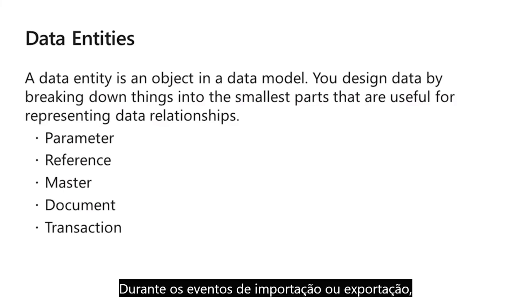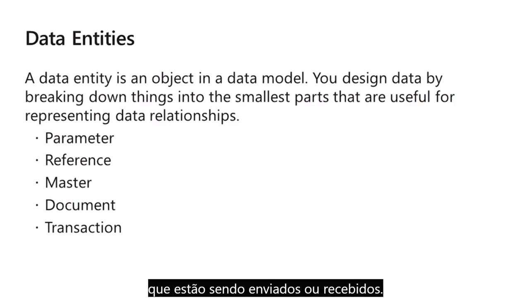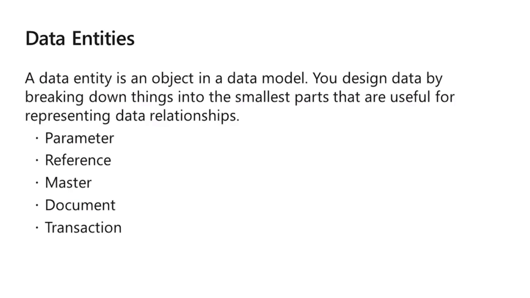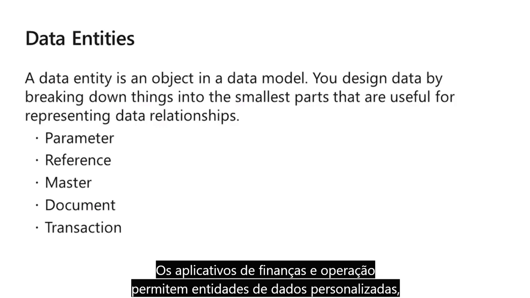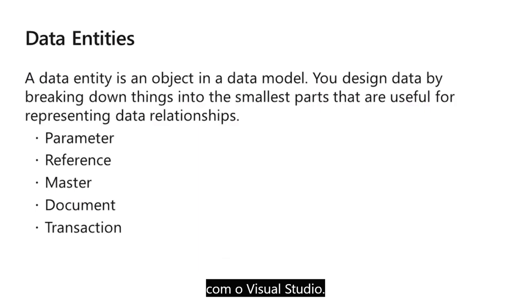And during import or export events, these entities use business logic to validate and transform the data that's being sent or received. Finance and operation apps allow for custom data entities, and a developer can create those data entities with Visual Studio.